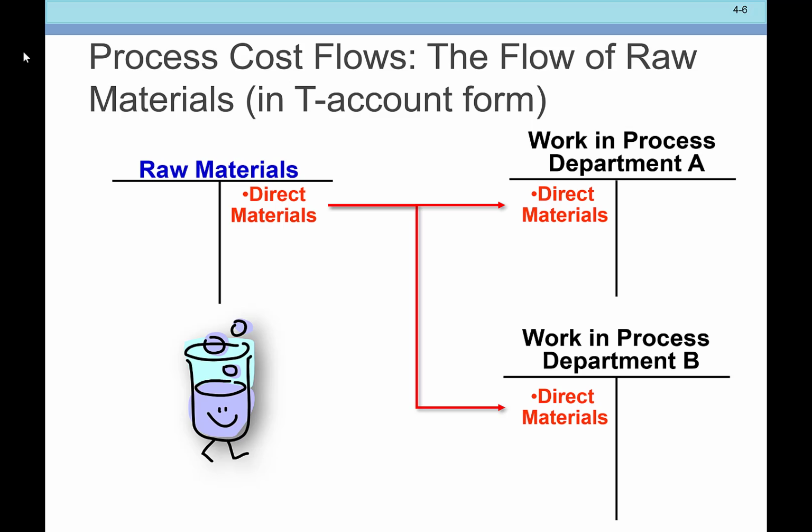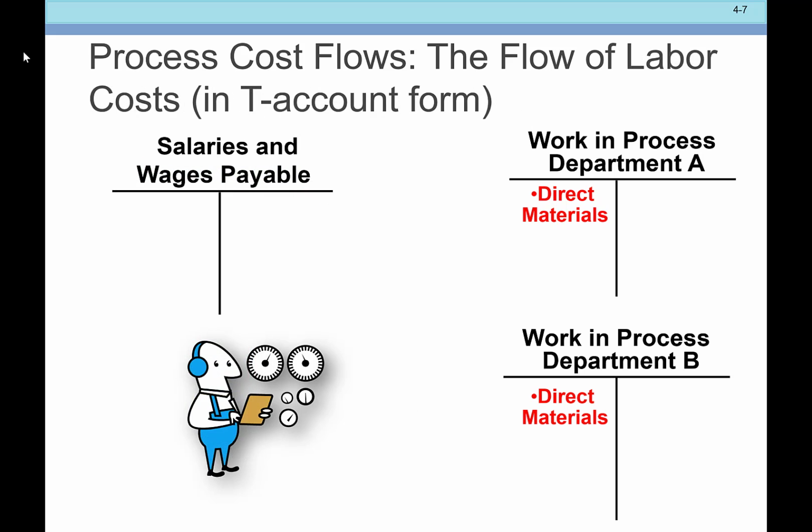That's all part of our flake department. In the box department, the raw materials are the cardboard boxes, the little piece of plastic they put inside, the wax paper, etc. We issue those direct materials to each of our processing departments.